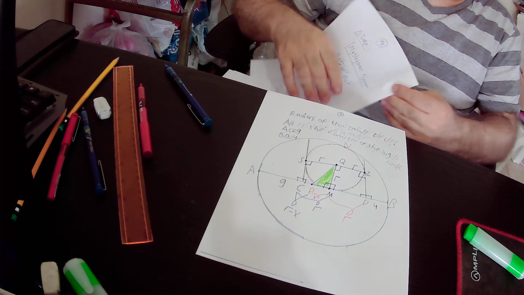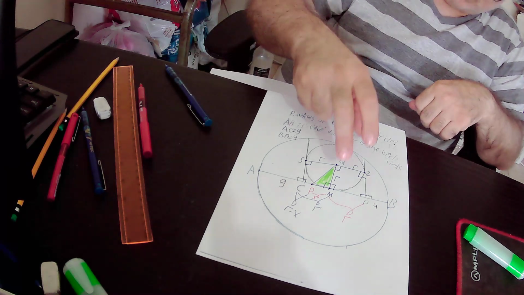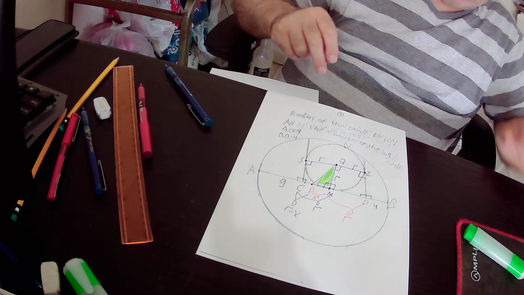Okay, so now I will summarize the lecture. We wanted to find the radius of this small circle.